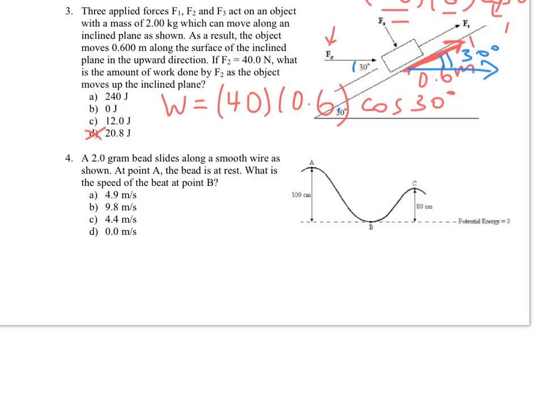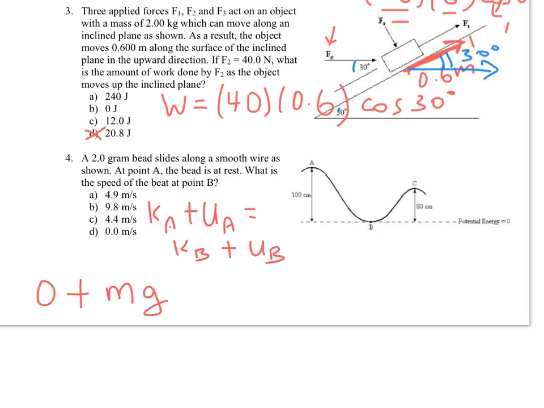So basically I have K sub A plus U sub A is equal to K sub B plus U sub B. So K sub A is 0, U sub A is m g, 9.8, and h is 1 meter.